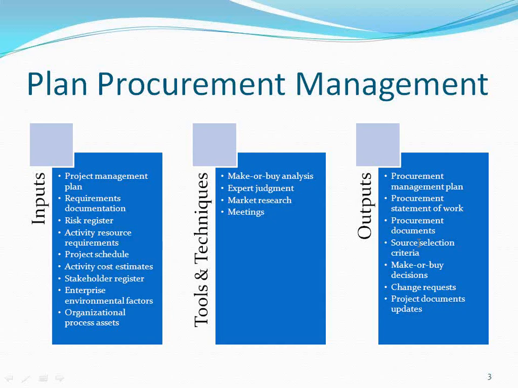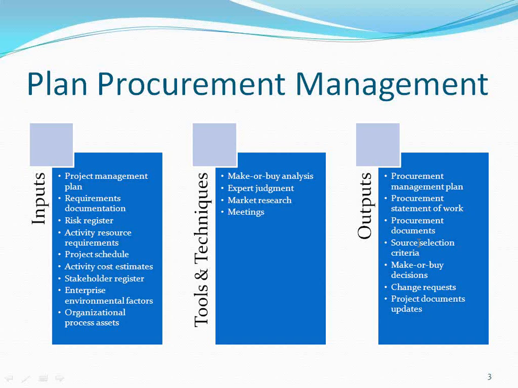So you will plan, and what type of contracts will we use? Different types of contracts are present, like fixed price contract, which is normally fixed billing, T&M, which is normally used in IT, and cost reimbursement. There are different types of contracts available. So what is your approach? Which contract are you going to use? And you will identify potential sellers.